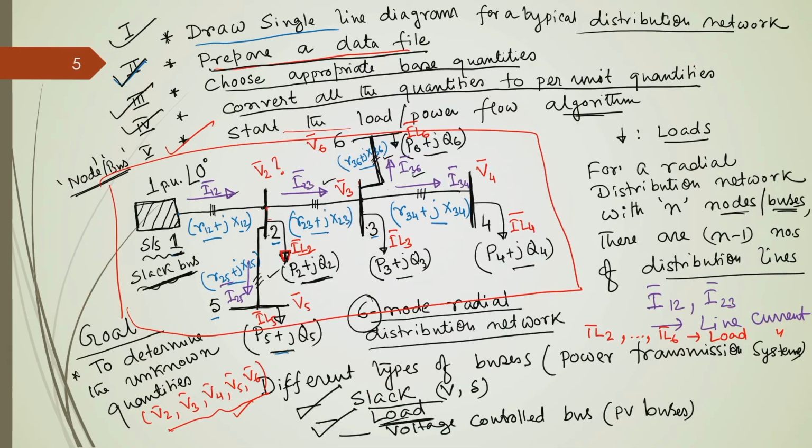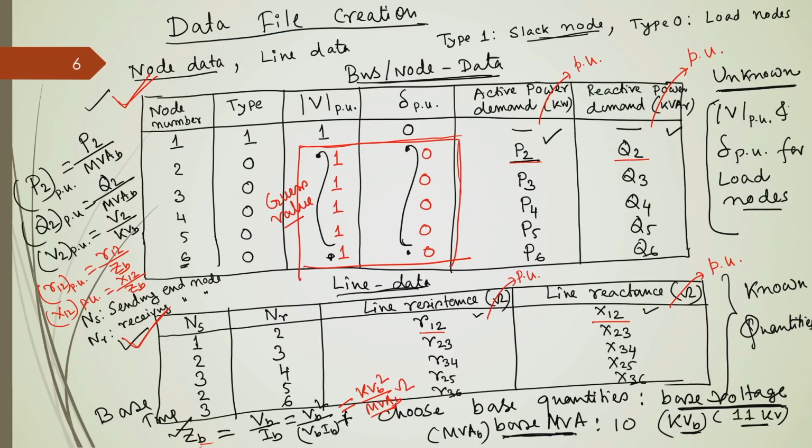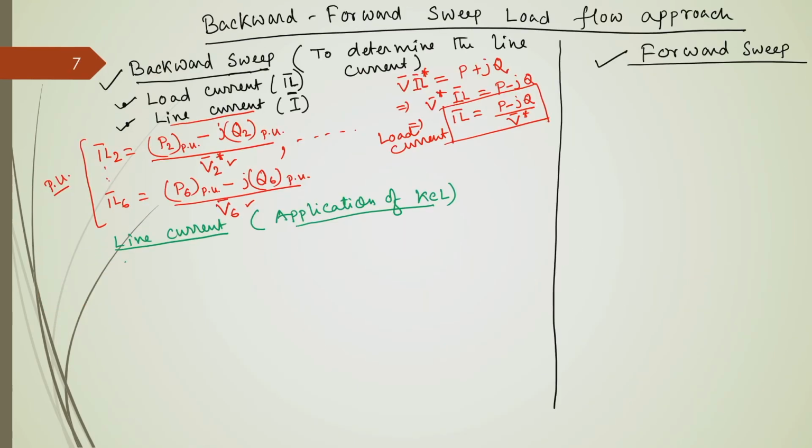So, for this determination of line current, we will start from the end nodes or terminal nodes.